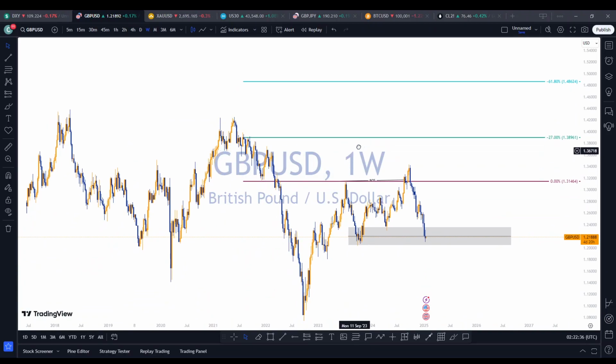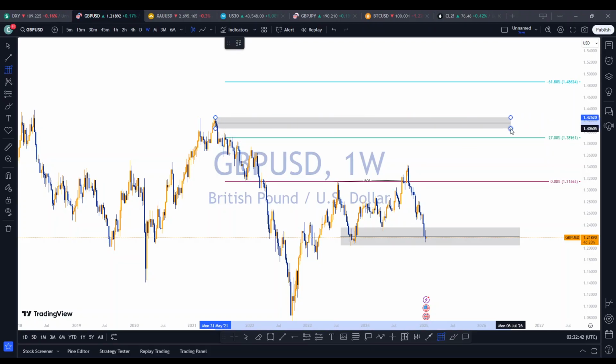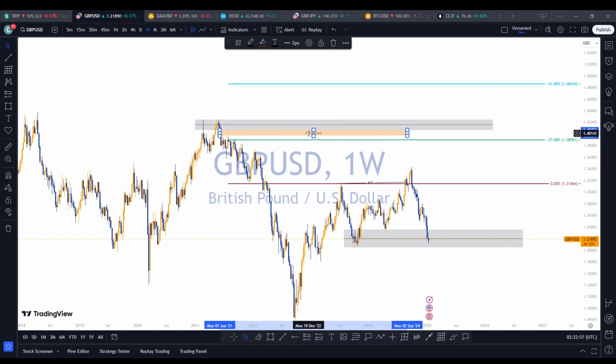We can see that based on the lower time frame right here, we have this other block that needs to be mitigated. It sort of aligns with my negative 27% Fib level. We can see right here, let's see, an imbalance.